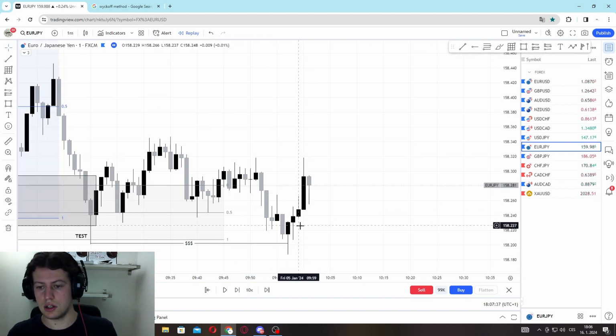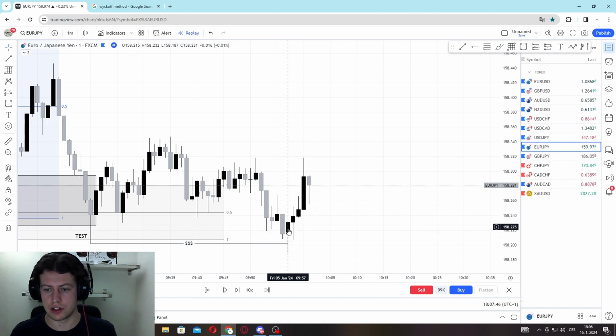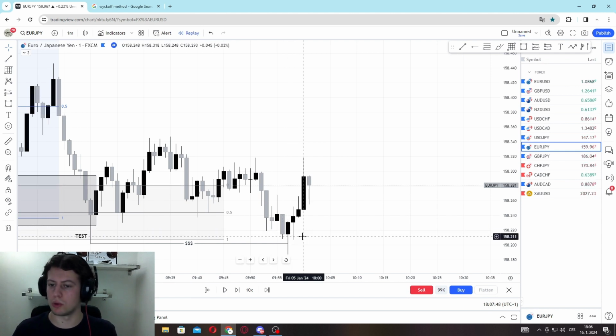You can see that this is not engulfed, that this sell candle is bigger than this buy candle, so we won't trade it and we won't do anything. There are our confirmations, our rules of our strategy, they are not met, so we are not trading and we are waiting for next setup.